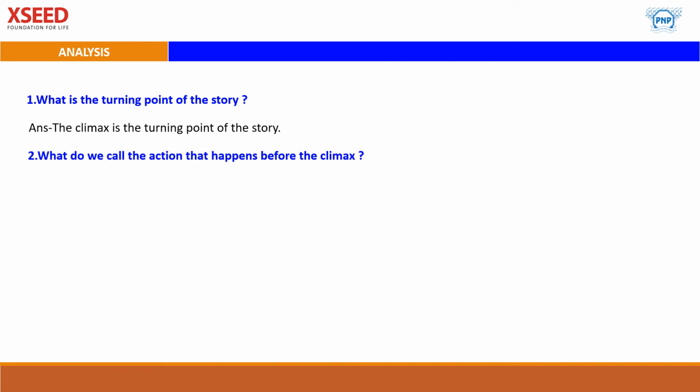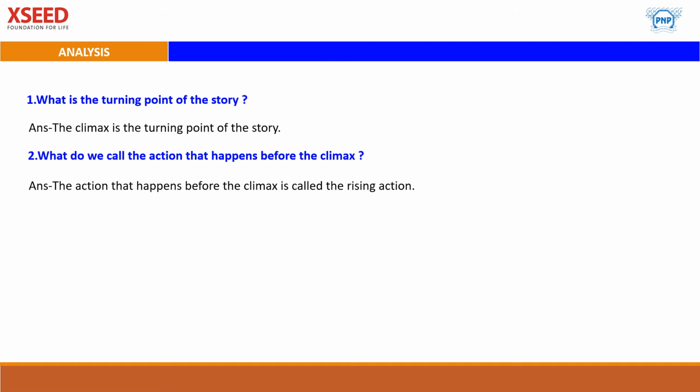What do we call the action that happens before the climax? Do you have any idea? In the second lesson we saw that the action that happens before the climax is called the rising action. In the previous lecture we saw an image with three points.